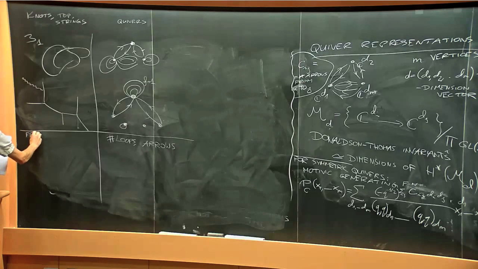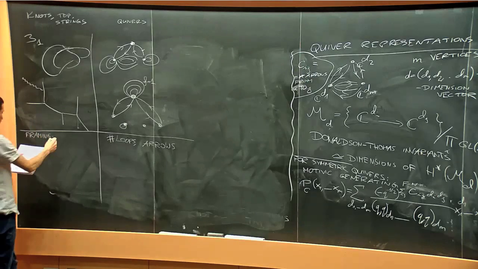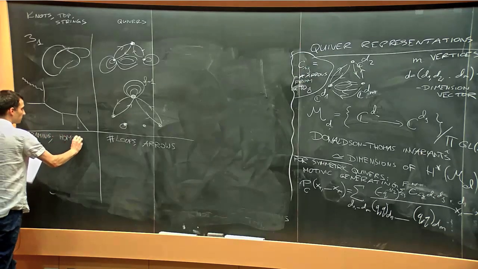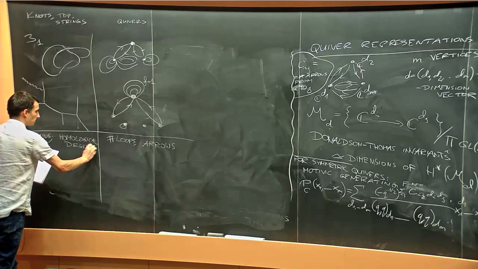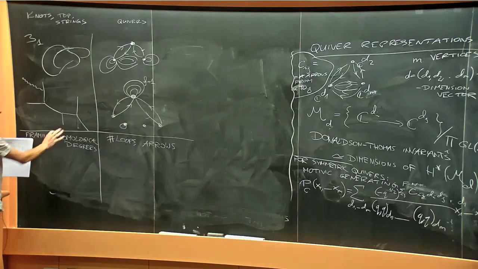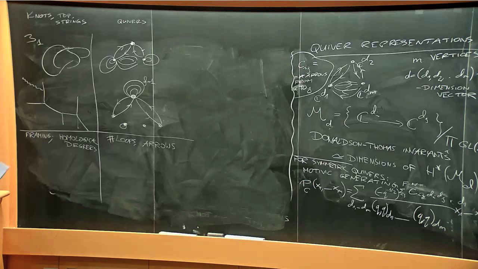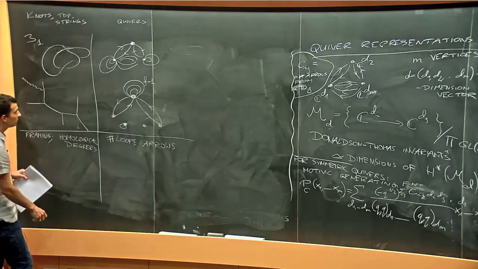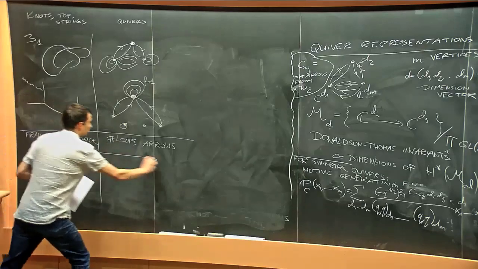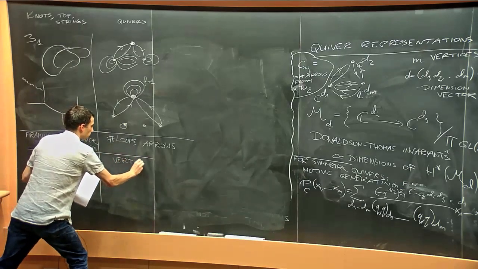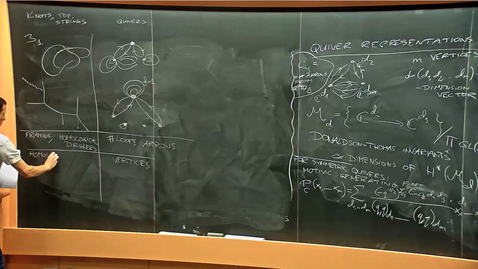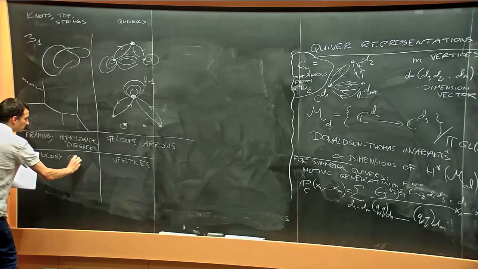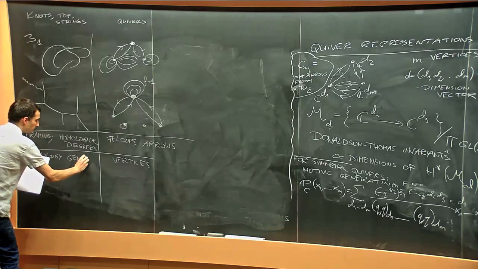This is what we already saw, at least in some examples. In particular, in the case of knots, they correspond to something called homological degrees. I'm not sure if I will have enough time to present in detail what they are, but maybe I will give some example. Then in the quiver we also have vertices, which in the case of knots correspond to homology generators. So these are generators of the HOMFLY-PT homology.